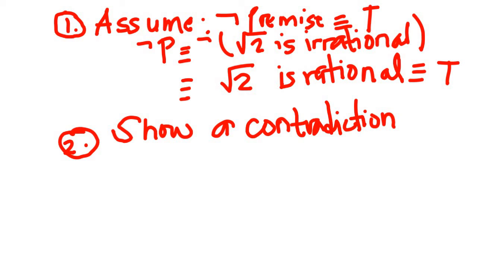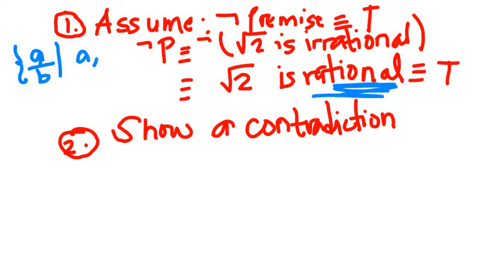So, what is a rational number? We know that a rational number is a number that you can express as a ratio between two integers, a and b integers, and b is not 0.